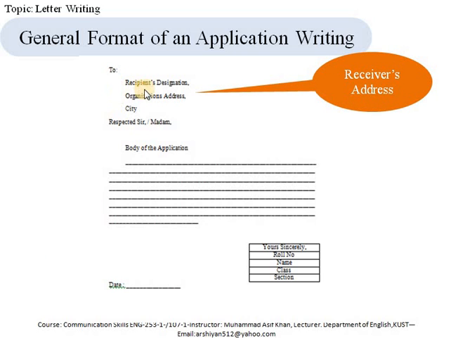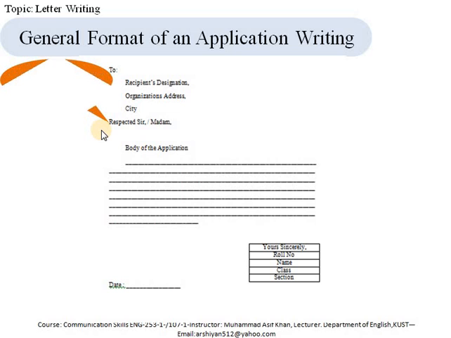It starts with the recipient's designation, then we add the organization's address, and in the end we put the name of the city. After that comes the salutation. You have to determine the salutation or the greeting according to the circumstances, and whatever you think is appropriate, you add that salutation there.